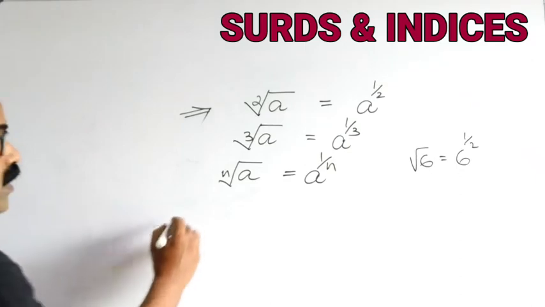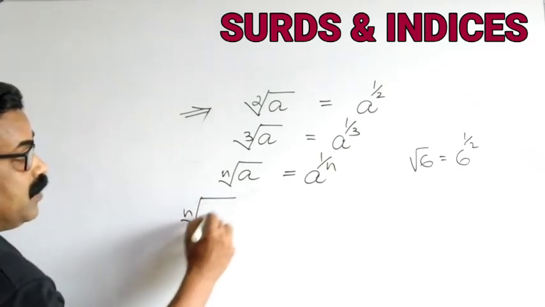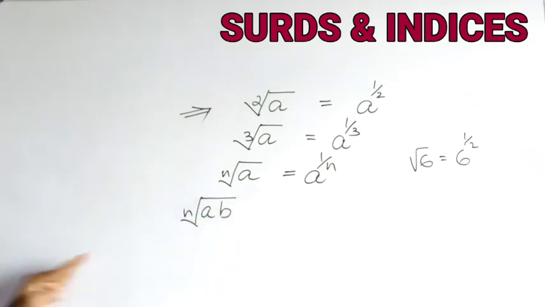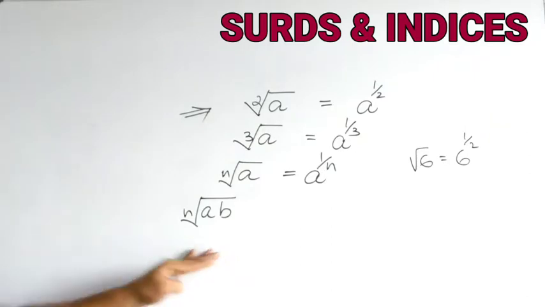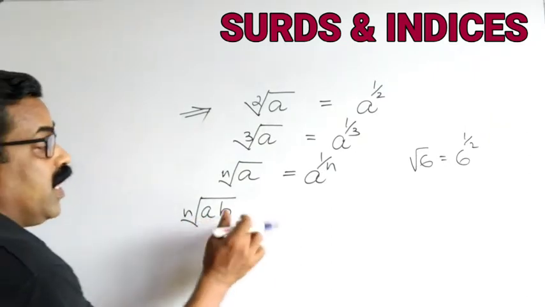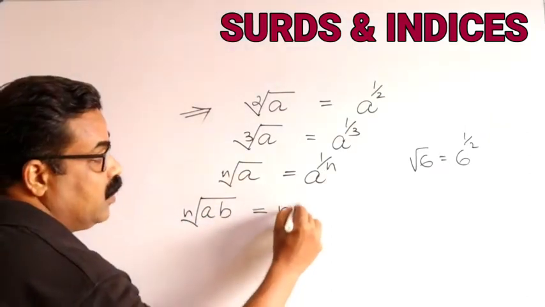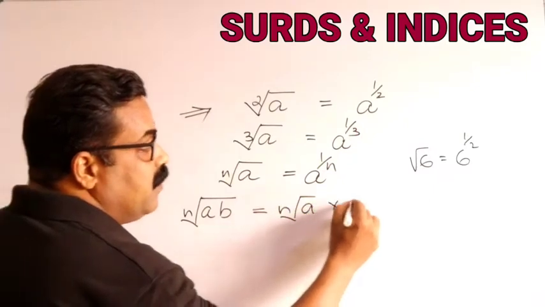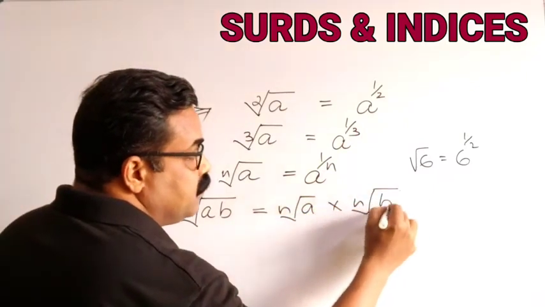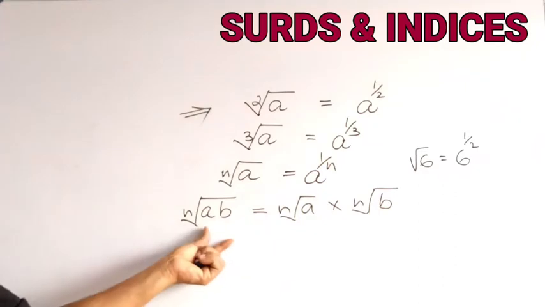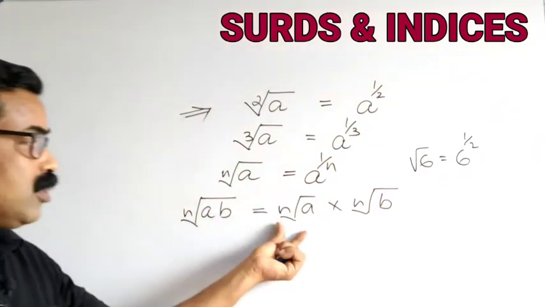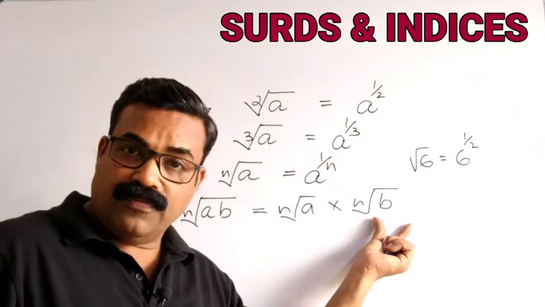Second, nth root of a into b. So this nth root is common for both a and b. So you can split it: nth root of a multiplied by nth root of b. So the nth root of ab is equal to nth root of a into nth root of b.